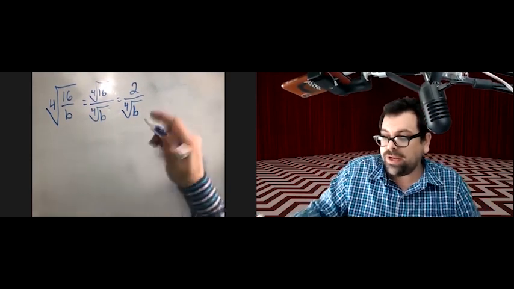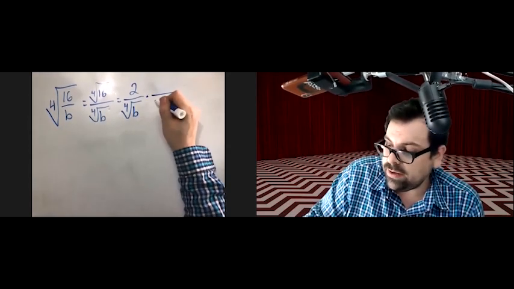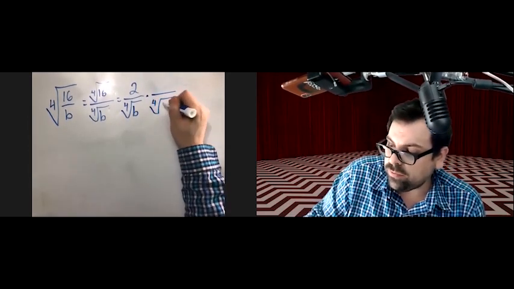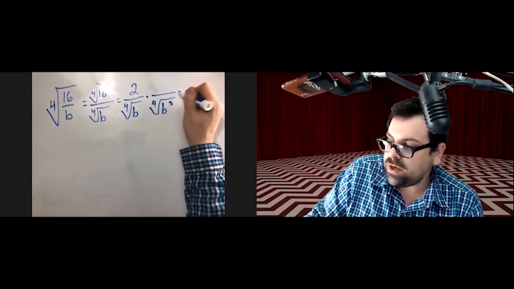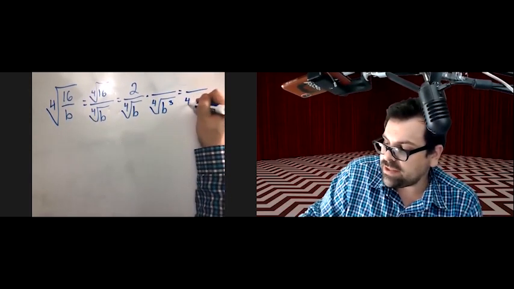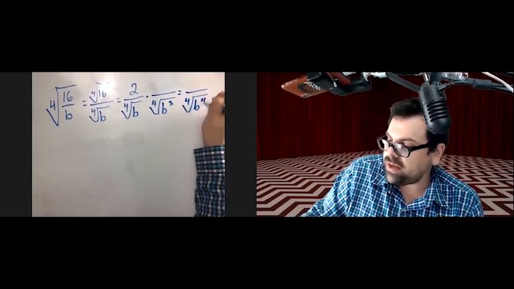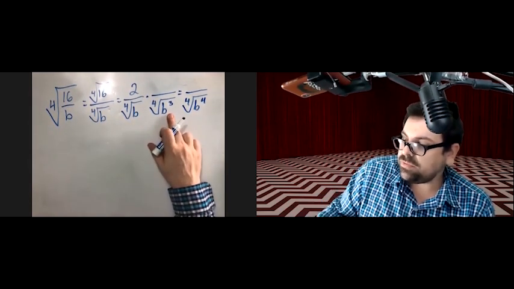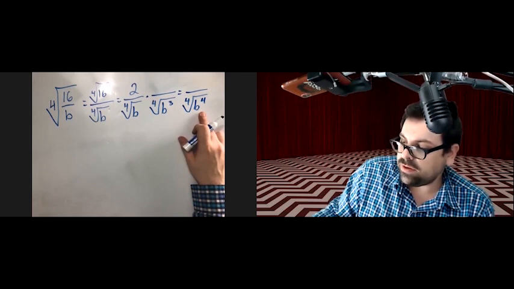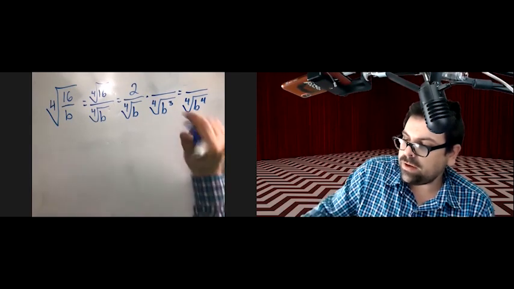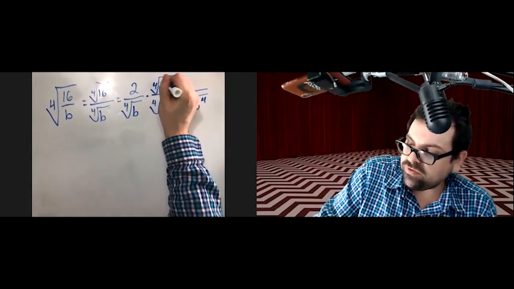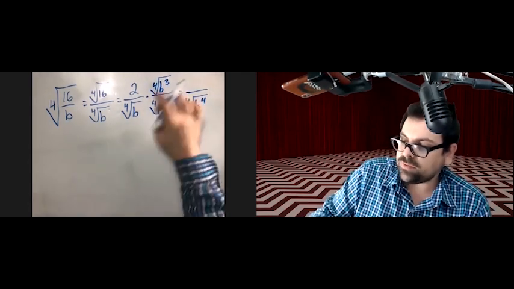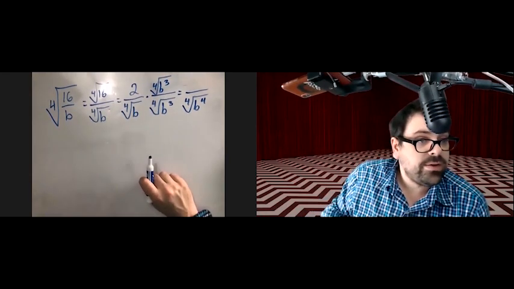How many more would we need? Well, we would need the 4th root of b cubed, because that's what gives us the 4th root of b to the 4th. B times b cubed is b to the 4th. So we need a 4th root of b cubed on the top because we're multiplying by 1.